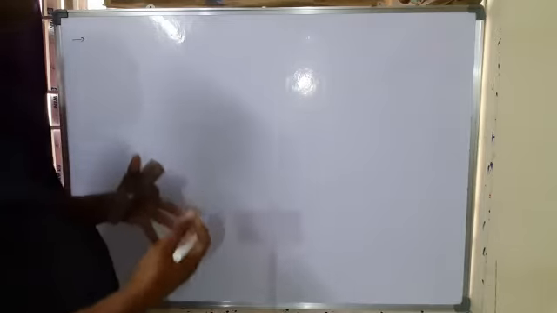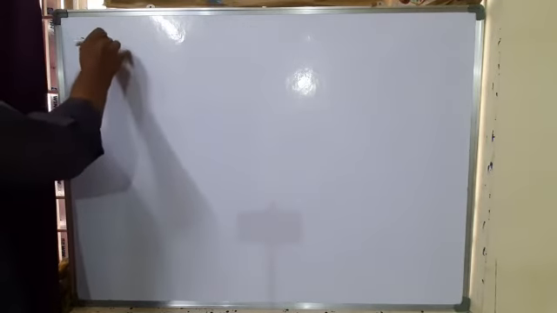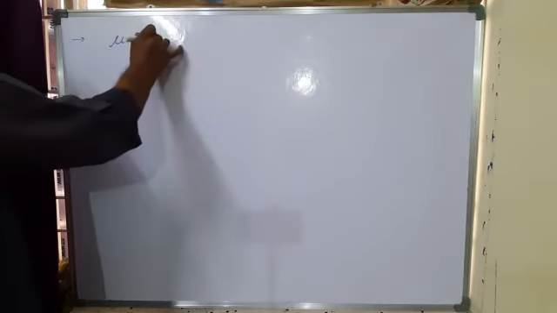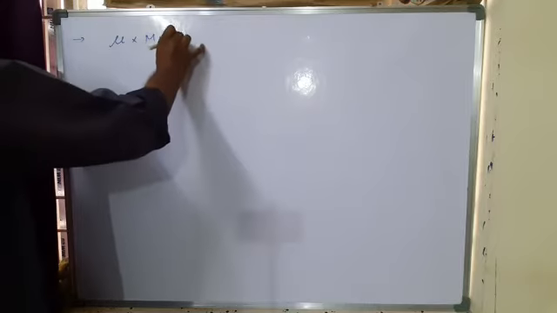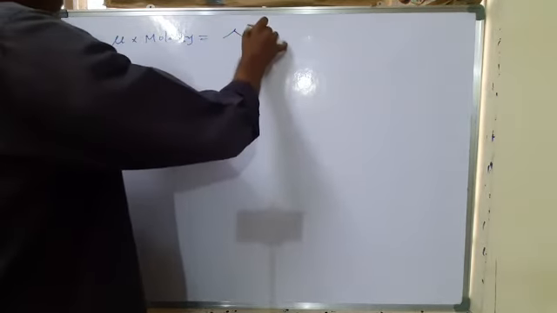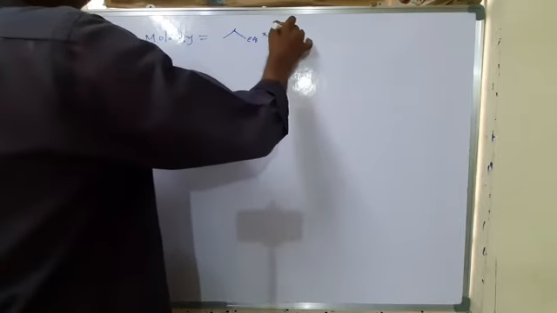And the relation between molarity, molar conductance, normality and equivalent conductance is: mu into molarity equals equivalent conductance into normality.